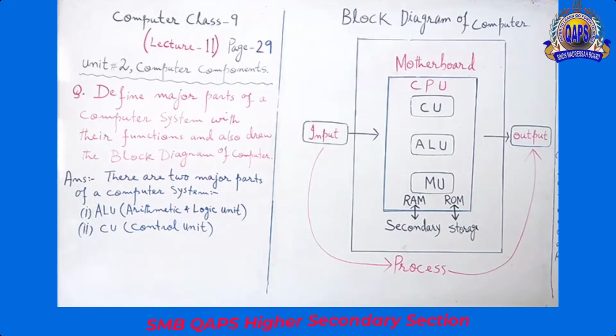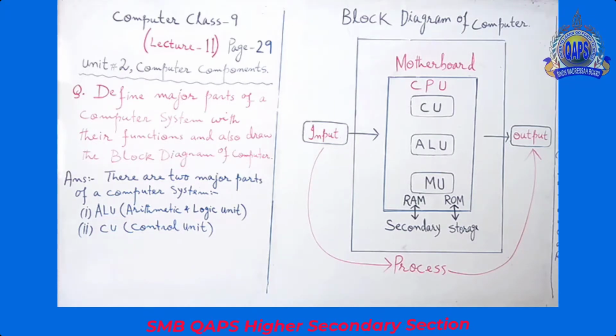Arithmetic and logic unit. This part of CPU deals with arithmetic operations such as addition, subtraction, division and multiplication. This is where logical operations are also done, such as comparison between two pieces of data.